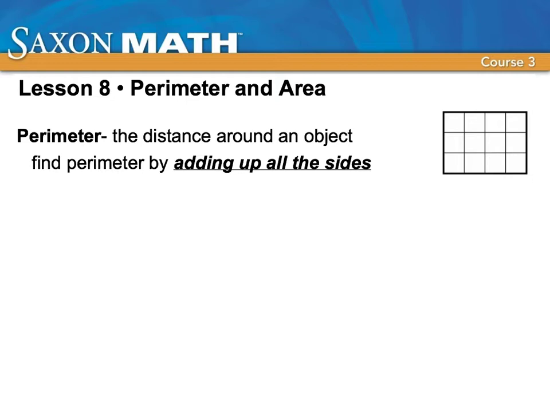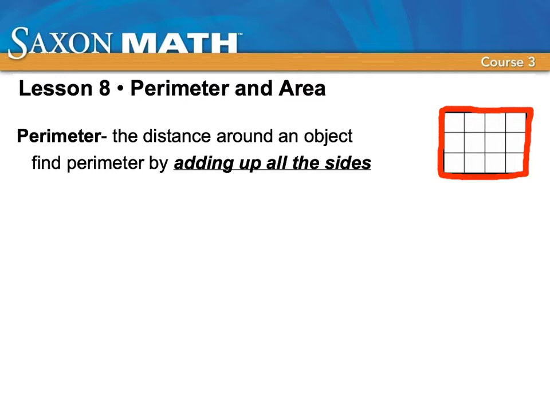Those are both important. So perimeter is the distance around the outside of this rectangle, meaning how many squares would I have to walk around the outside of the rectangle?